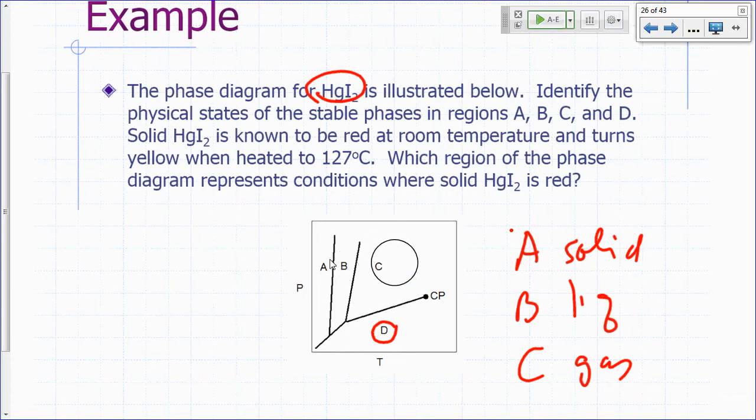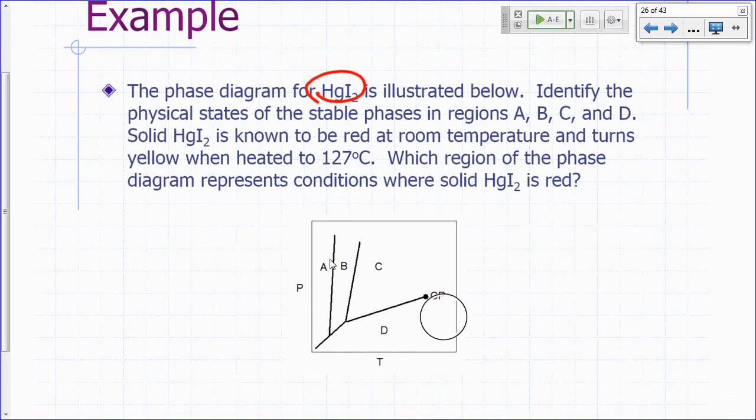Now, according to this question, A represents a solid phase. Region B represents a solid phase. Solid mercury iodide is known to be red at room temperature and turns yellow. It's still a solid. It turns into a yellow solid when heated to 127 degrees. Which region of the phase diagram represents solid mercury iodide that is red?